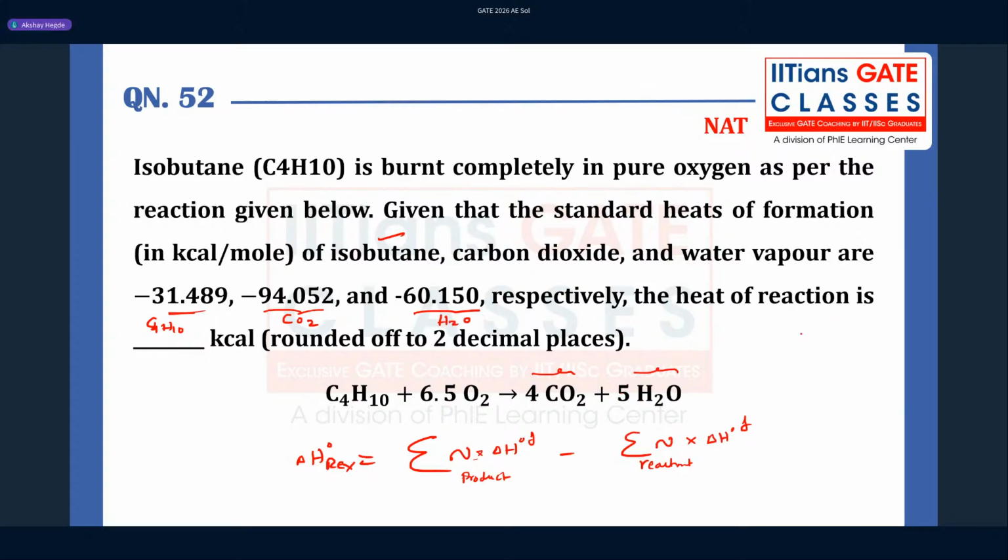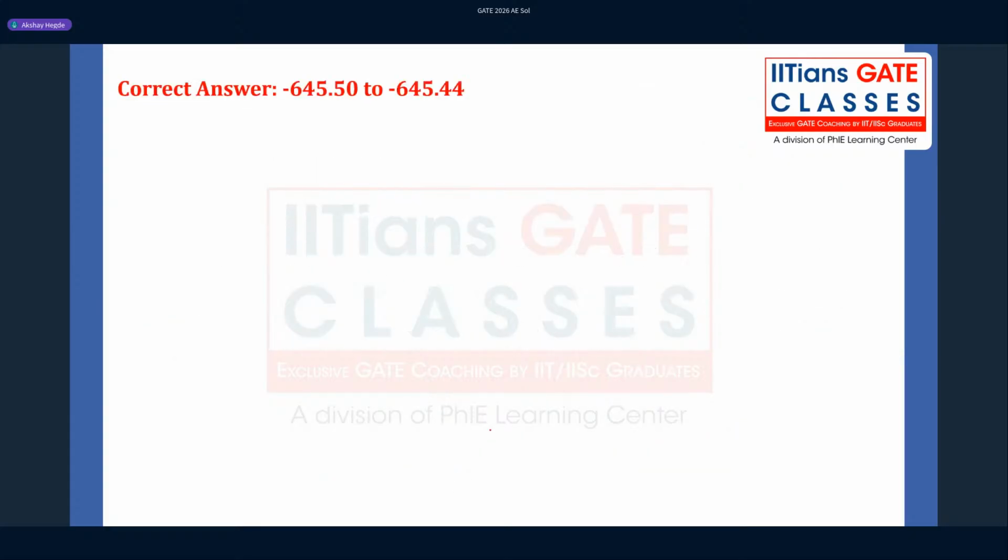And for oxygen, the enthalpy of formation is going to be 0 kilocalories per kilomole.